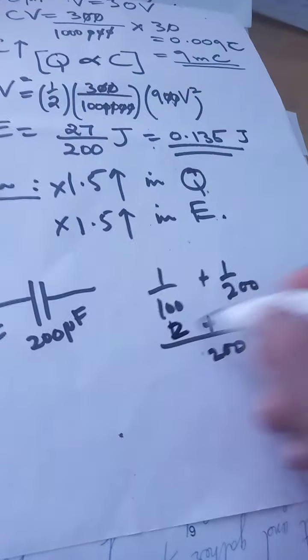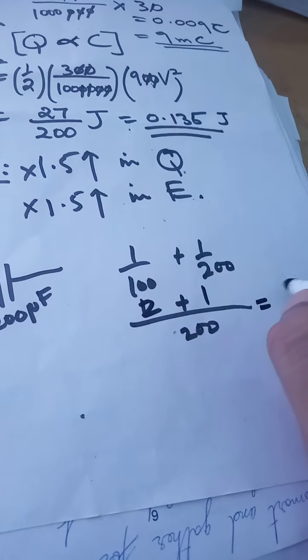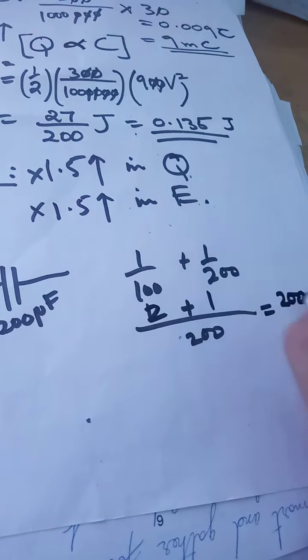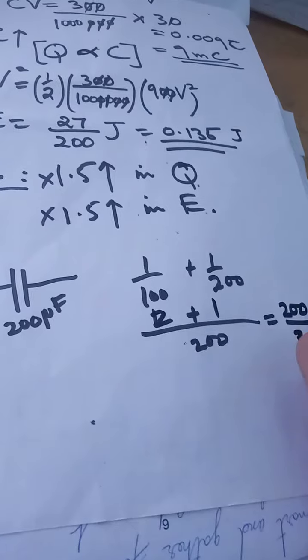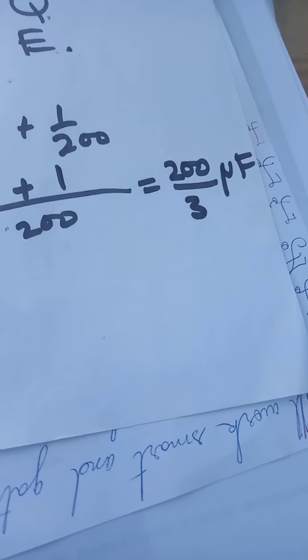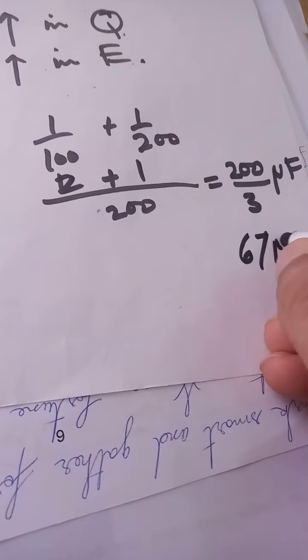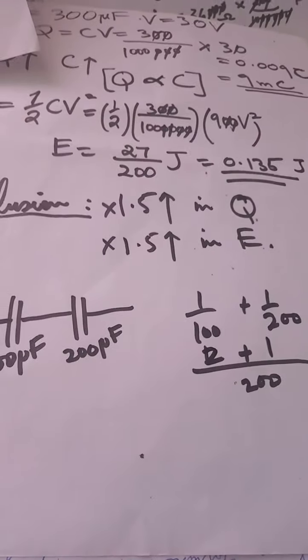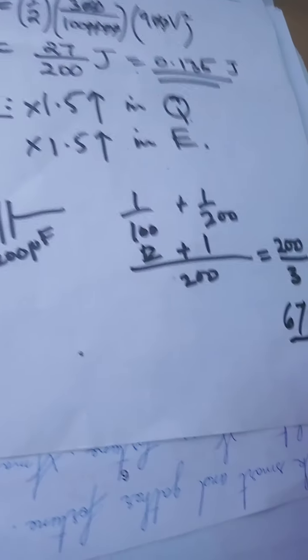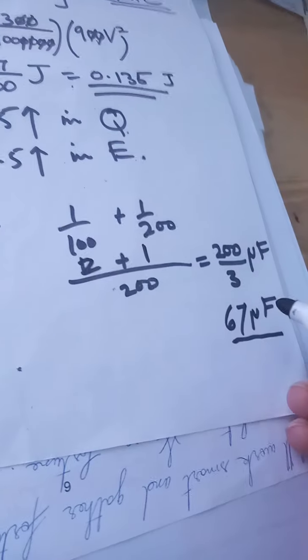Sorry, 2 plus 1, so 200 over 3 microfarads. That would be 60-something, 67 microfarads. So without having to do calculations of charge and energy, we could see that because the total capacitance has gone down, the charge and the energy are bound to go down as well.